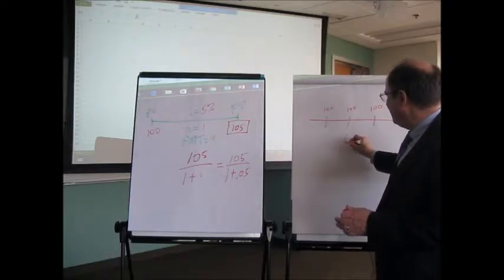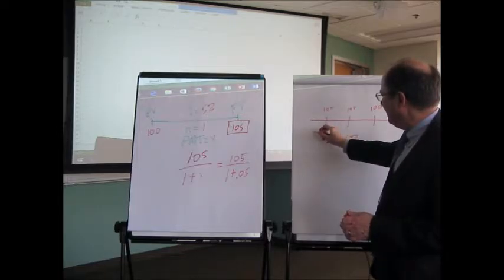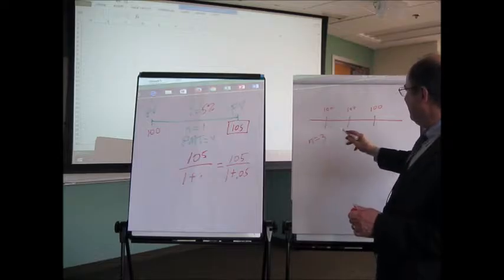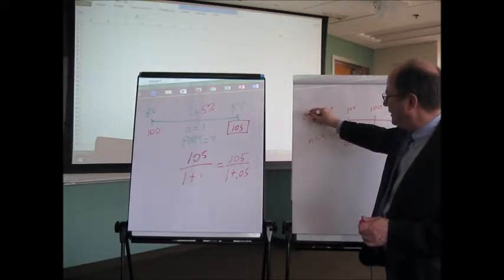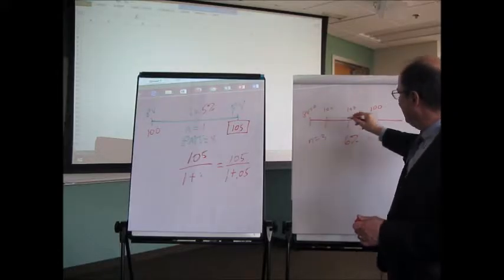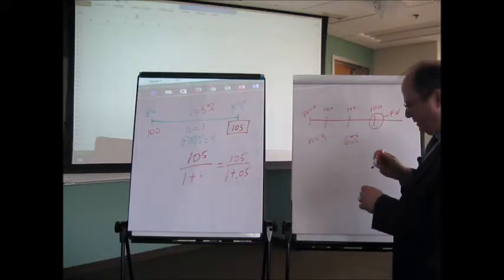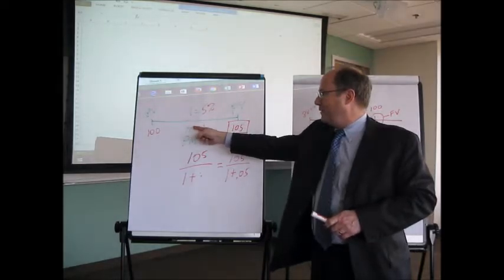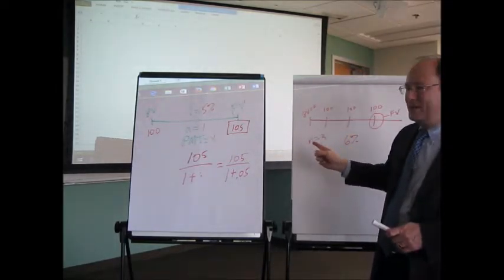The interest rate is 6%, and we can see that the number of periods is 3. We don't have anything to begin with, so the present value is 0. What are we solving for? Well, we're solving for the future value.